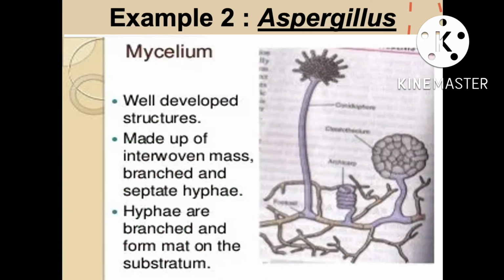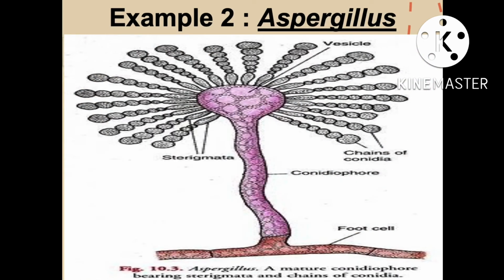The fungus mycelium consists of branched septate interwoven hyphae which ramify over the surface of the substratum. Asexual reproduction occurs by the formation of conidia on special branches called conidiophores.